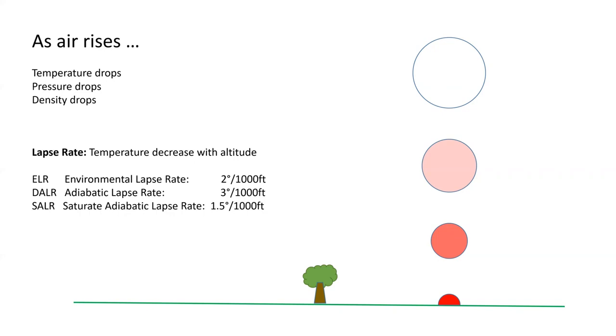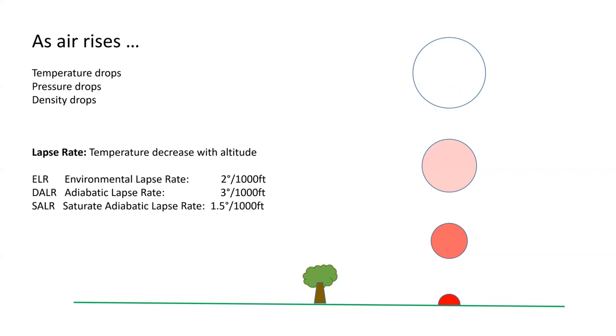So the temperature is lapsing. That's what we're talking about when we talk about the lapse rate for us. And then there are a few different kinds of lapse rates that we really care about, because we're talking about that parcel of air dropping in temperature as it gains height and becomes less dense.